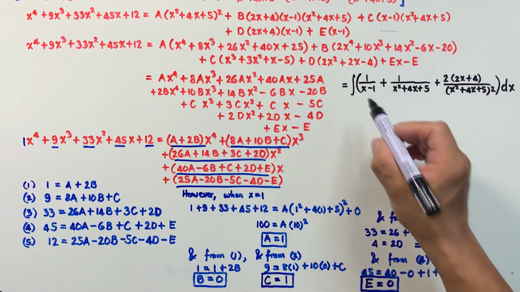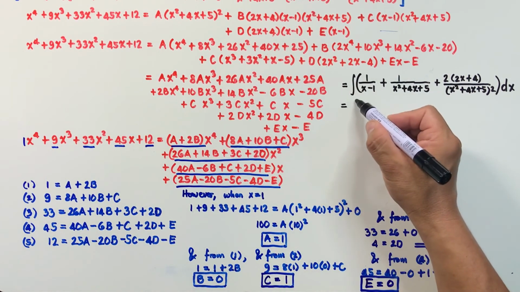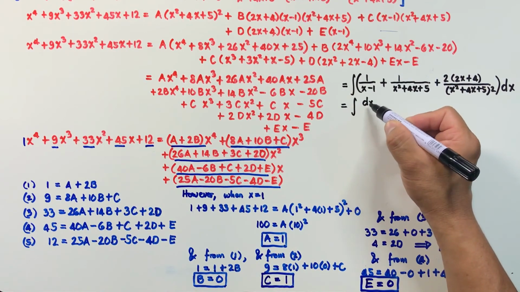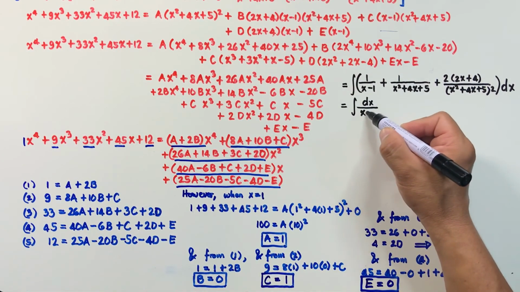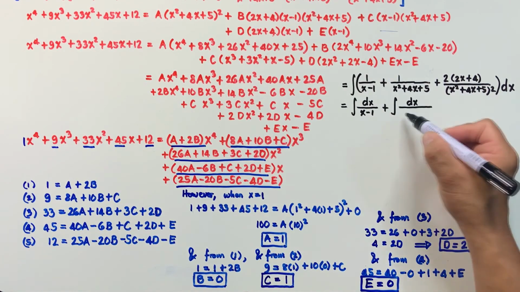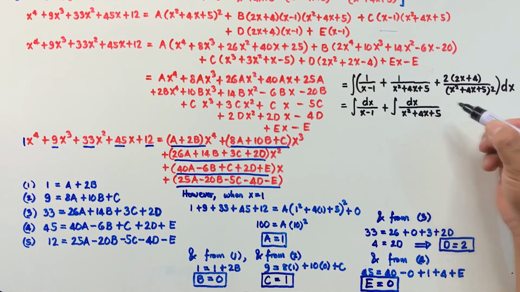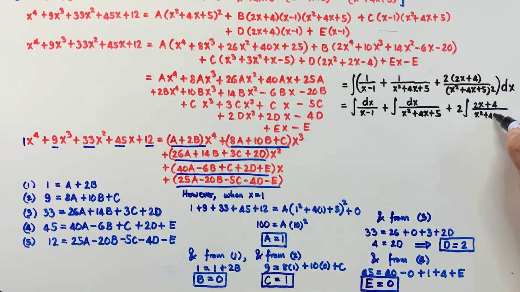And we know that the integration of a sum is equal to the sum of its individual integration. So this is integral of dx over x minus 1 plus the integral of dx over x squared plus 4x plus 5 plus 2 times the integral of 2x plus 4 over x squared plus 4x plus 5 quantity squared dx.